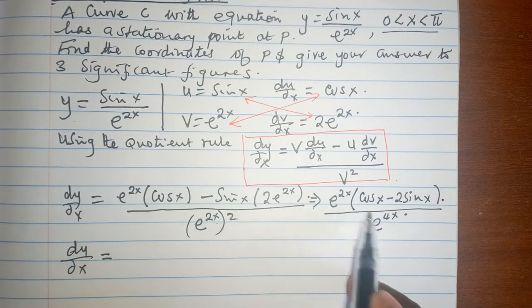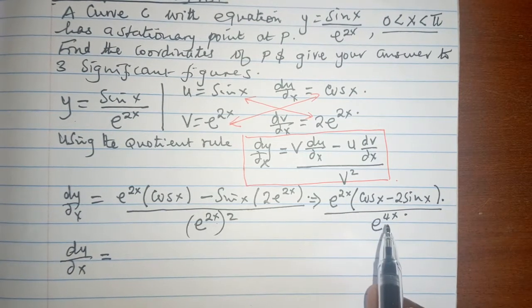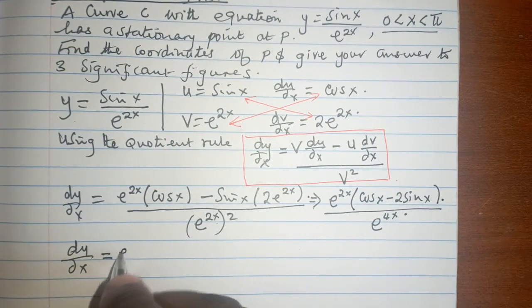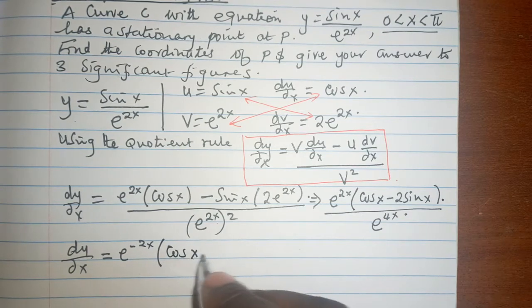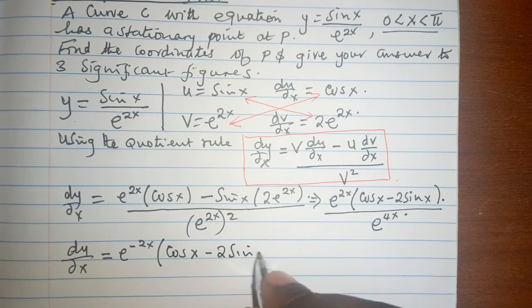Using the laws of indices, e to the 2x and e to the 4x will cancel: 2x minus 4x is negative 2x. So dy dx is e raised to power minus 2x multiplied by the cosine of x minus 2 sine of x.